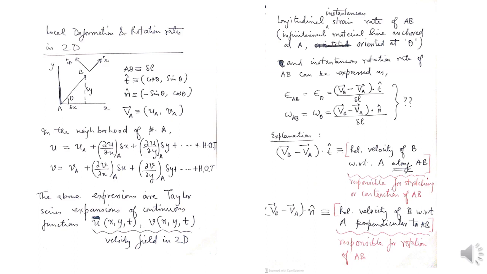So for small delta x, delta y, it is possible to neglect the higher order terms in the Taylor series expansion and retain only the first order terms, and it will not be a significant loss of information, because delta x and delta y are infinitesimal in the sense of calculus.